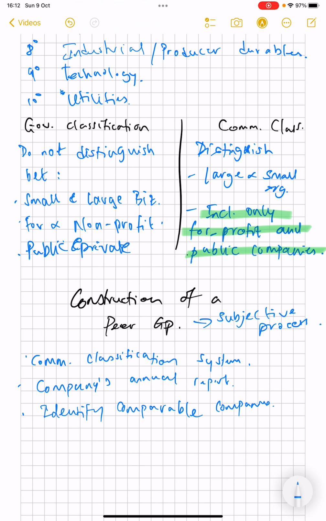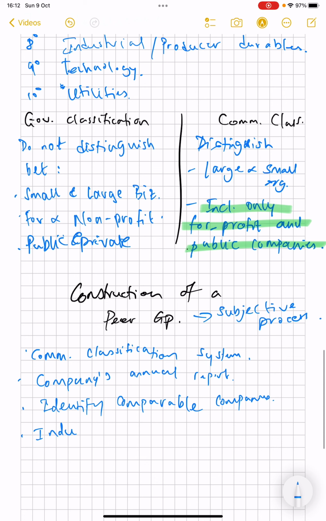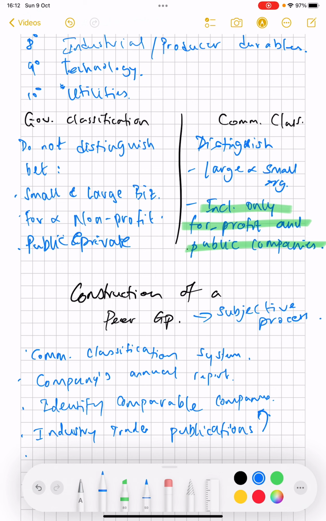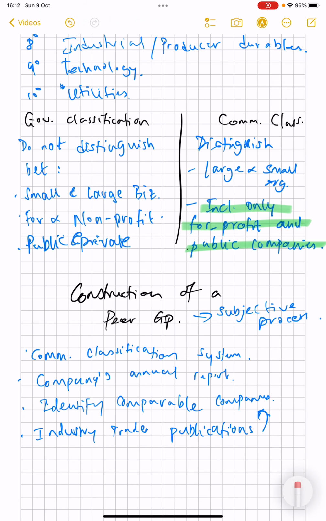You're going to review industry trade publication to identify comparable companies. So these two work together, and you're going to confirm each comparable company derives a significant portion of its revenue and operating profit from a business activity similar to the primary business of the subject company.